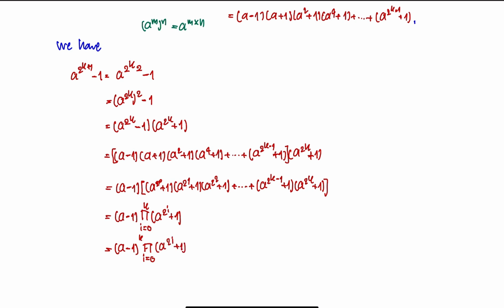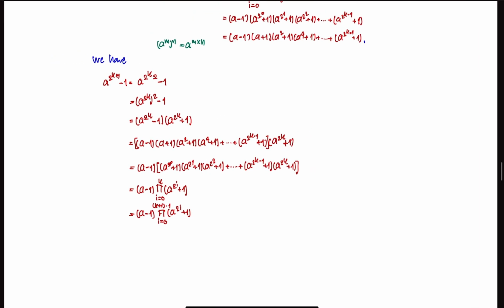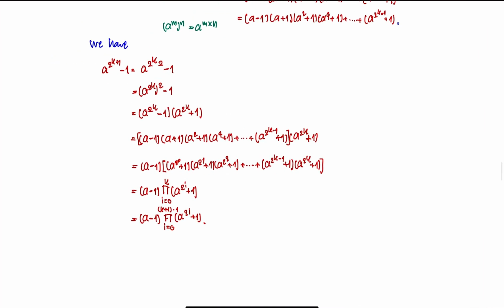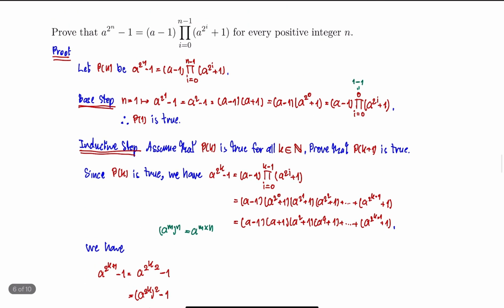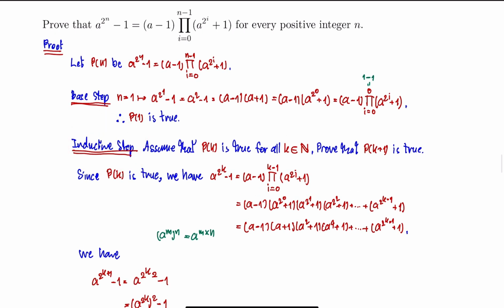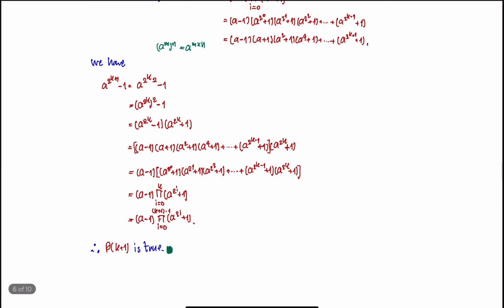And we're going to have a plus 1 minus 1 right here. Okay, and we have shown that P of k plus 1 is true. Okay, so we have proved that the inductive statement is true.